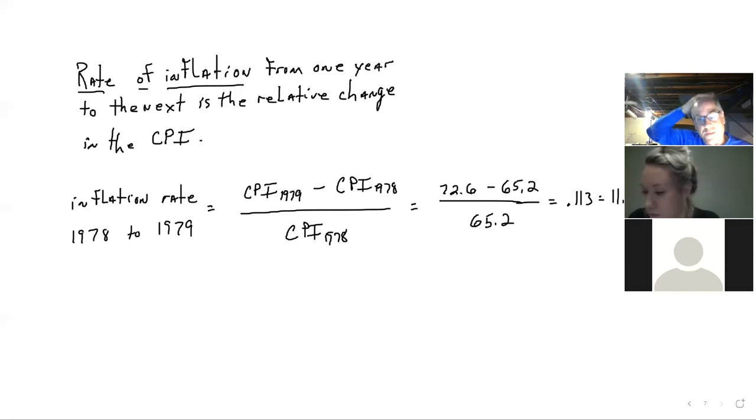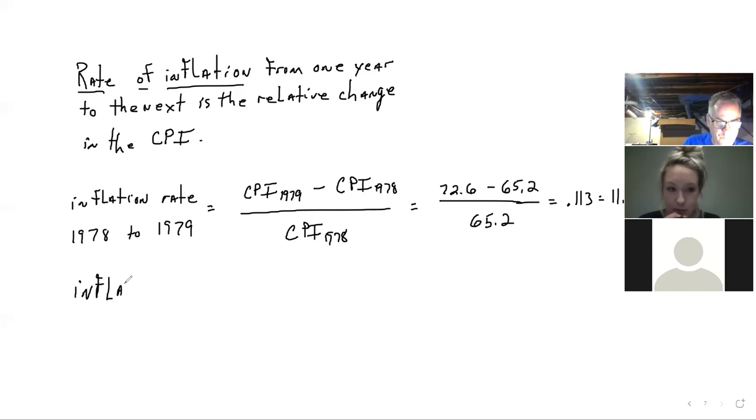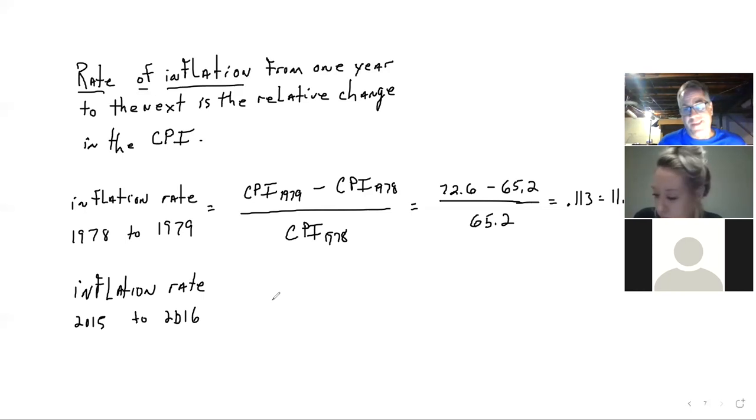Our inflation right now is a little dicey. If I would look at the inflation rate from 2015 to 2016, I should find that this is quite a bit less.